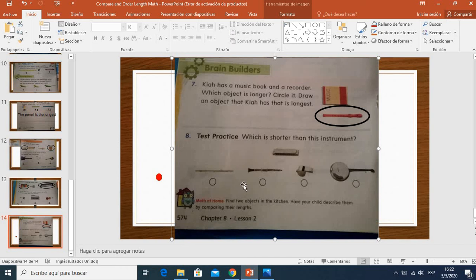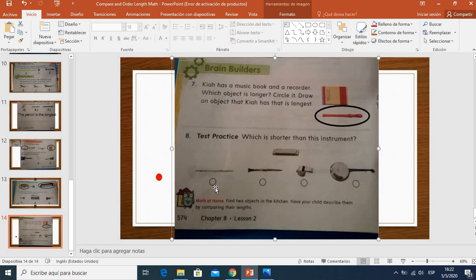This one is a flute. This one is a clarinet. Listen, clarinet. This one is a whistle and banjo. Banjo. Flute, clarinet, whistle, banjo. Actually, this one is not a musical instrument, but it's an instrument that makes a sound as well.